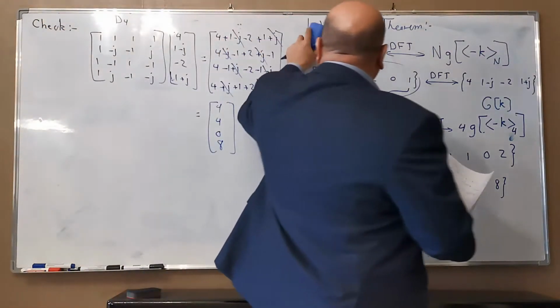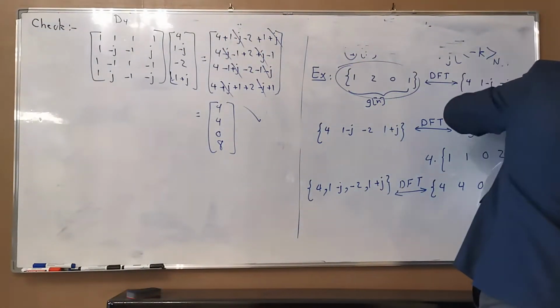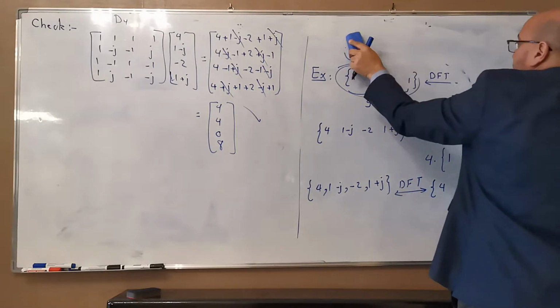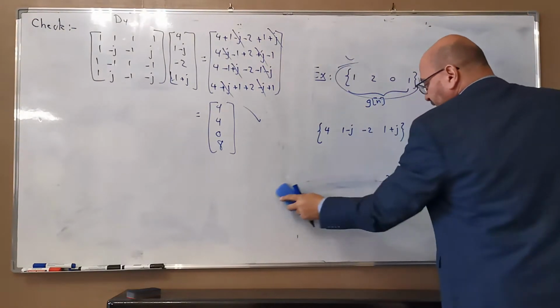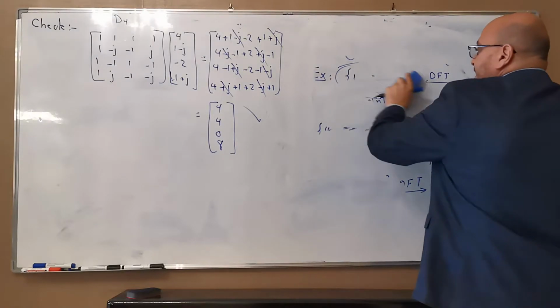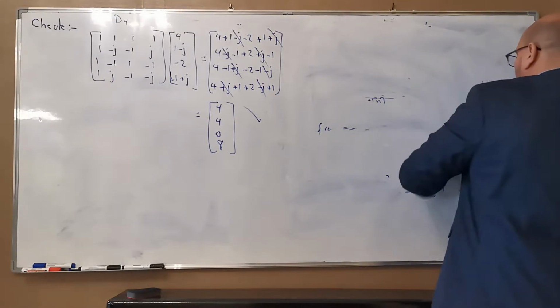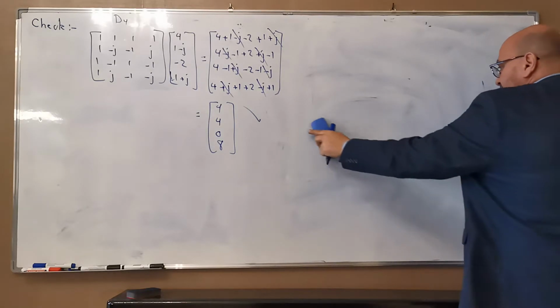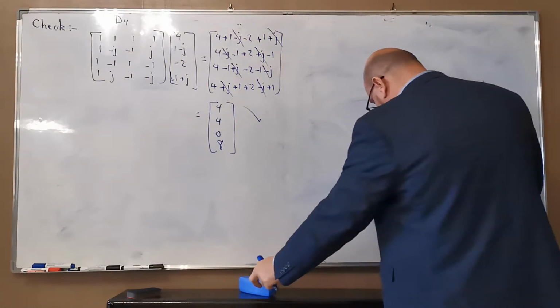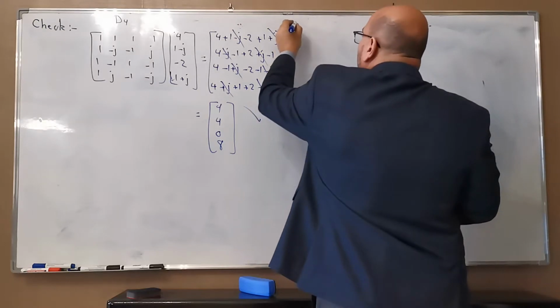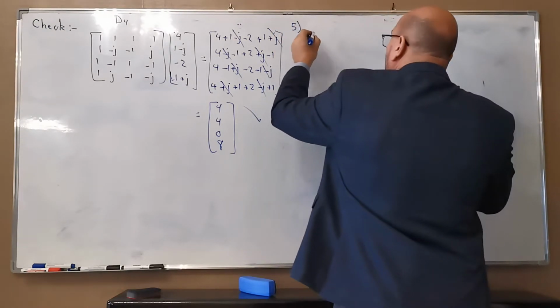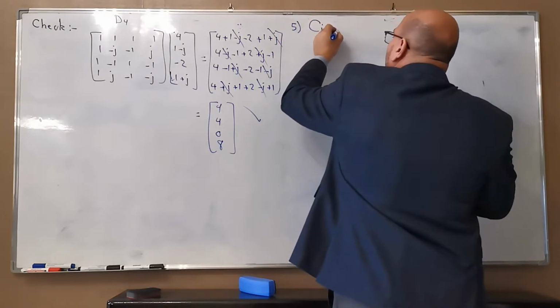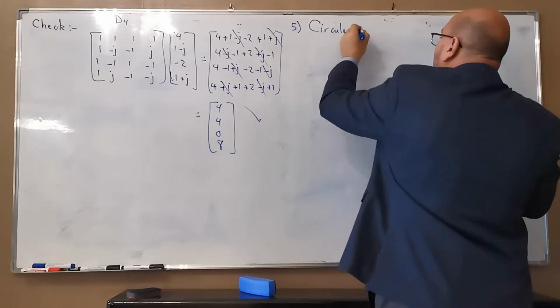Okay, so enough with the duality theorem. Let's go to a very important theorem here, which is the convolution theorem. And the convolution theorem says that if you have a convolution or circular convolution in time, then you have multiplication in frequency. So number 5 is the circular convolution.